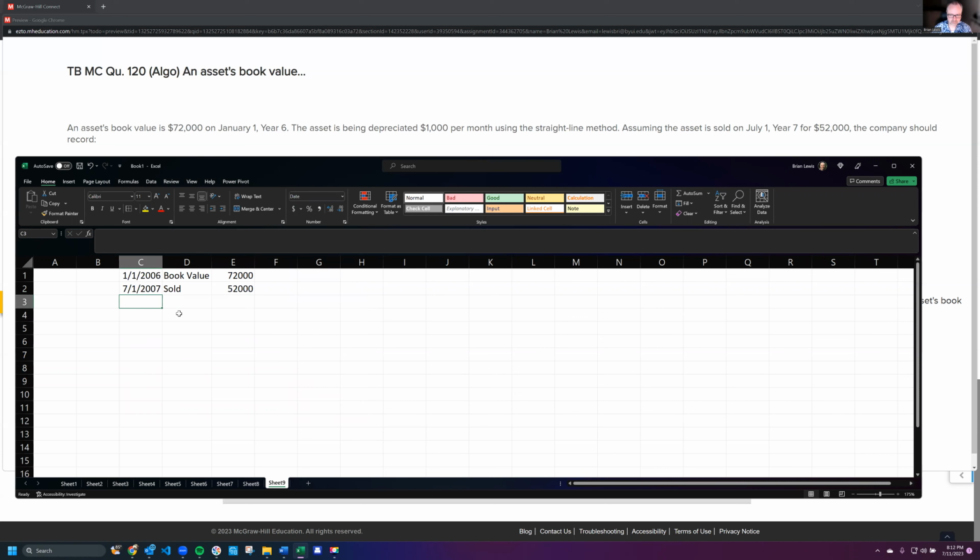So now I know the difference between these two values. Let's just call it gross variance, difference, gross difference, okay? Just that minus that is the gross value of the difference, $20,000.